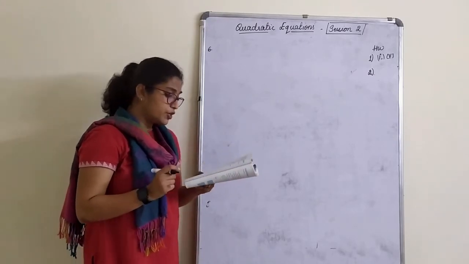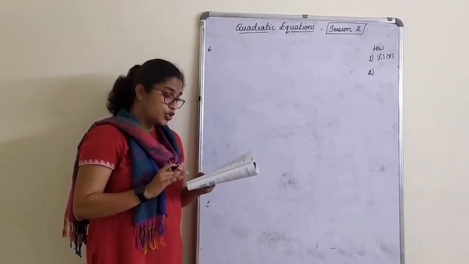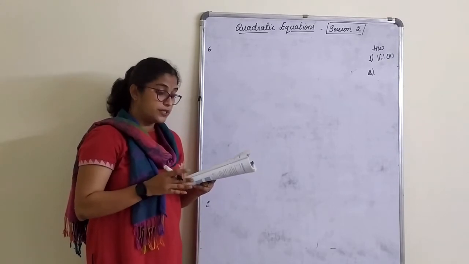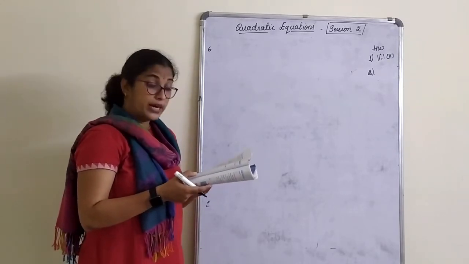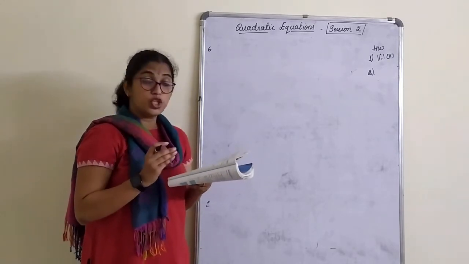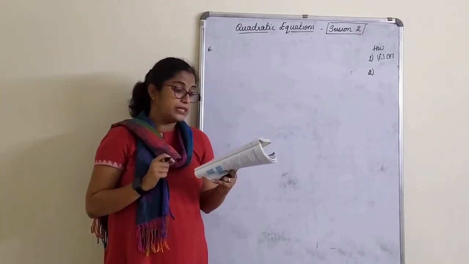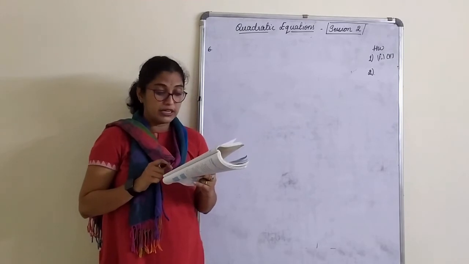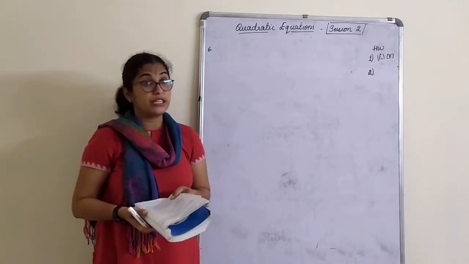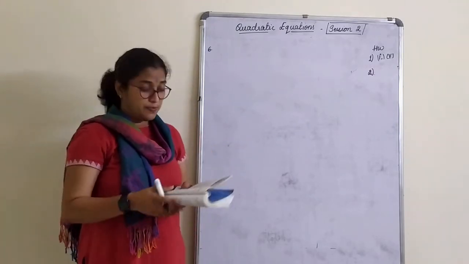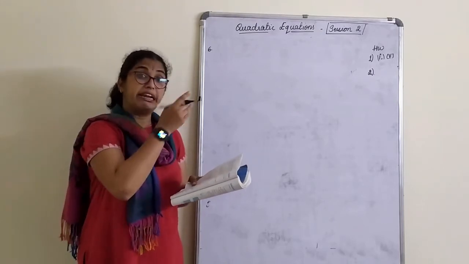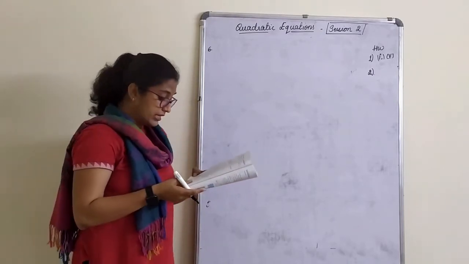It was observed on a particular day that the cost of production of each article in rupees was 3 more than twice the number of articles produced on that day. If the total cost of production on that day was rupees 90, find the number of articles produced and the cost of each article. It's the same sum that I have given you as homework, the second one as an example, to be done, right?